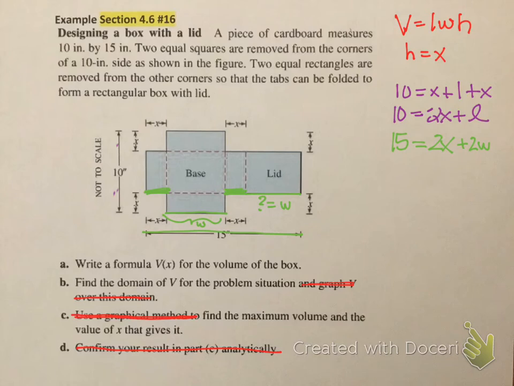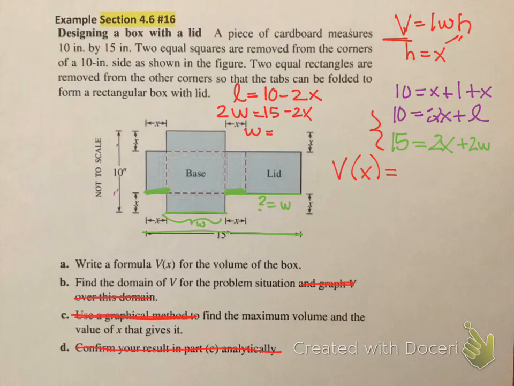All right, I want to maximize the volume, which means that since h is x, I need to write a volume in terms of x problem. So I need to take both of these two equations here and solve them for L and for W. So L would be equal to 10 minus 2x, and 2W would be equal to 15 minus 2x, or W equals 15 halves minus x.